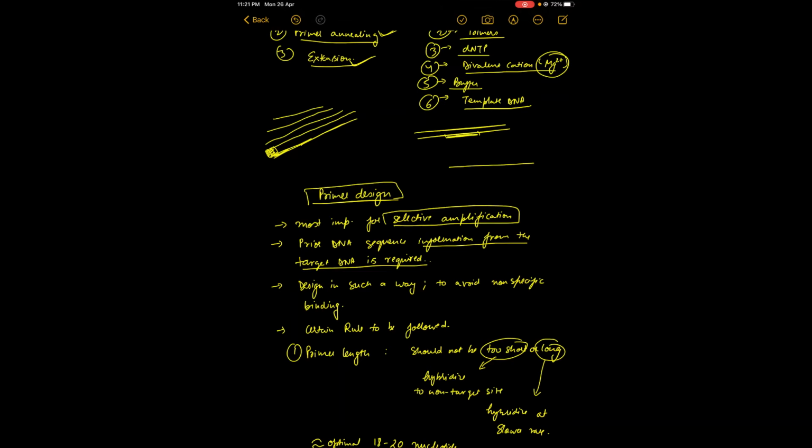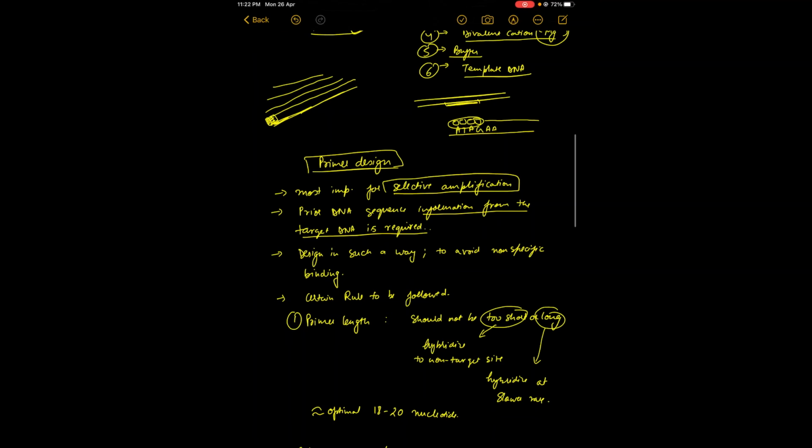Okay, the template sequence also, there may be ATGC or something like ATT. So according to that we can make the primer so that it can bind at that position and extend that template.